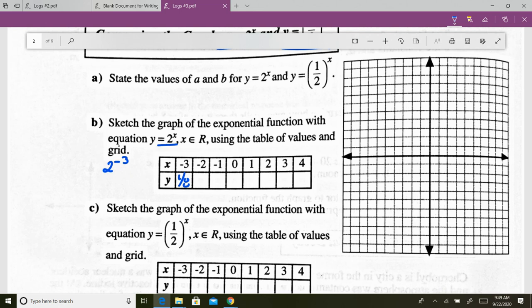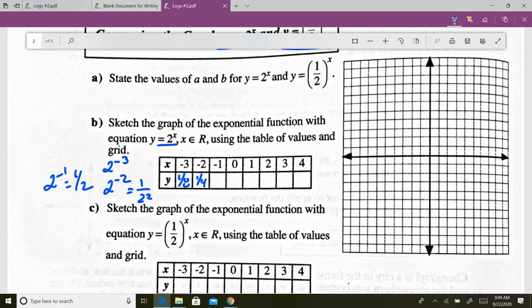What's 2 to the negative 2? 1/4, because it's 1 over 2 squared. What's 2 to the negative 1? Close, it's 1/2, right?